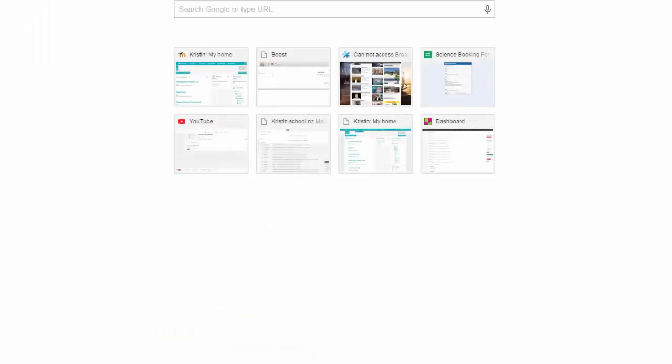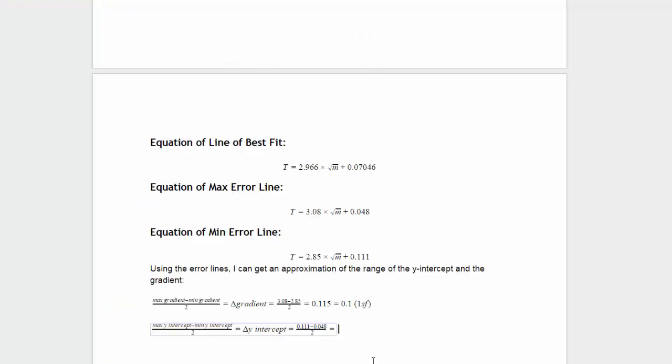Okay, let's just ask Google. 0.111 minus 0.048 equals 0.063. Okay, thanks Google. 0.063, which is equal to 0.06 to 1 SF. Okay.